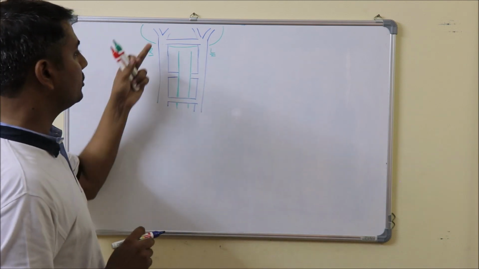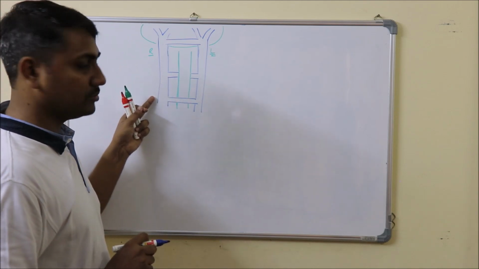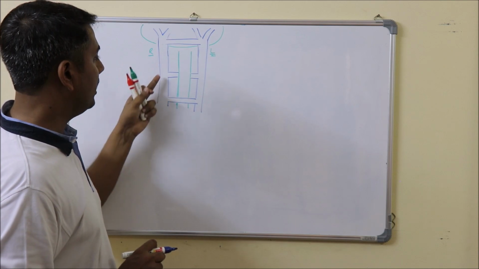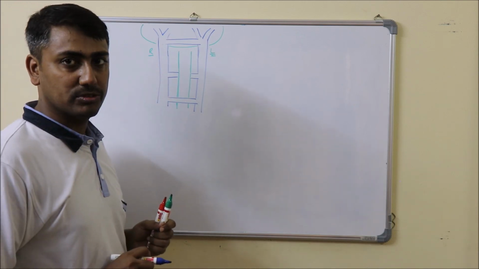So three anastomoses occur between the two Vitelline veins, two ventral and one dorsal.